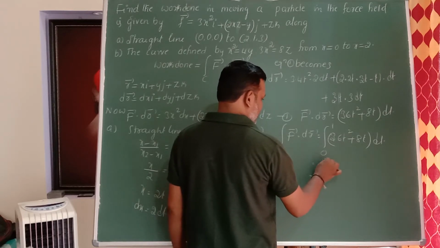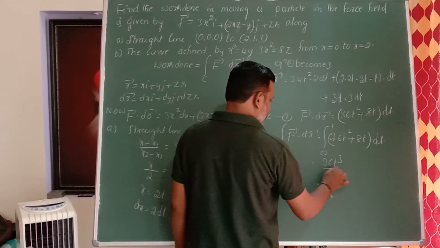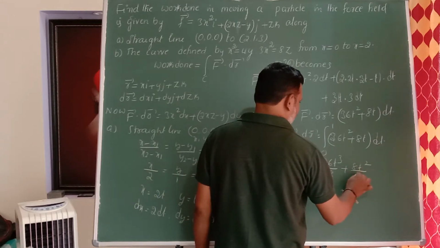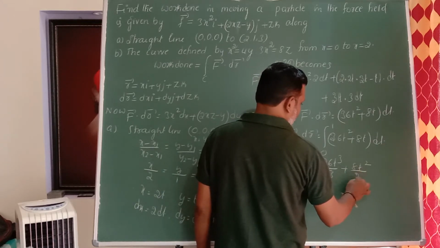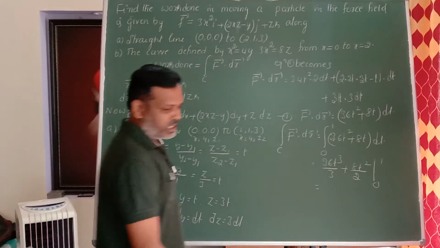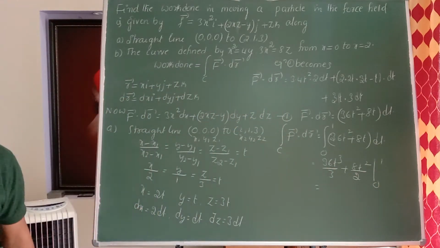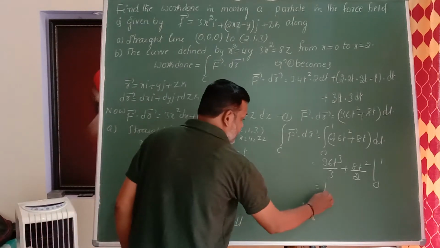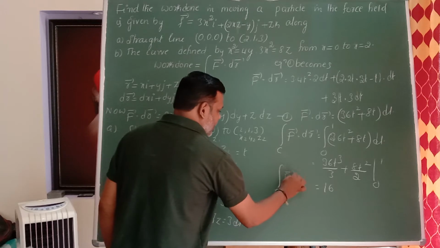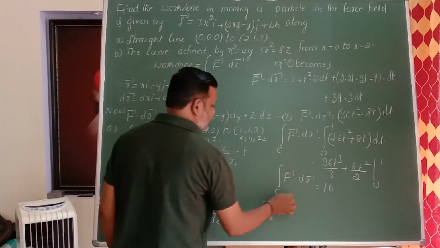So we get 36t cube divided by 3 plus 8t square divided by 2, from 0 to 1. After simplifying, you will get 16. So this is the line integral of F dot dr over the curve C.